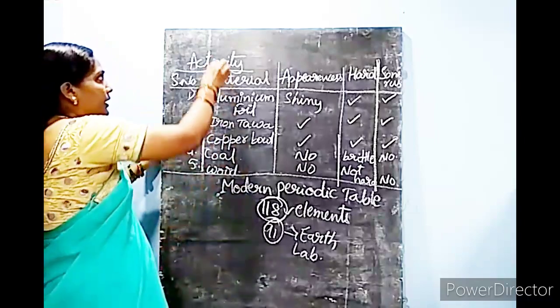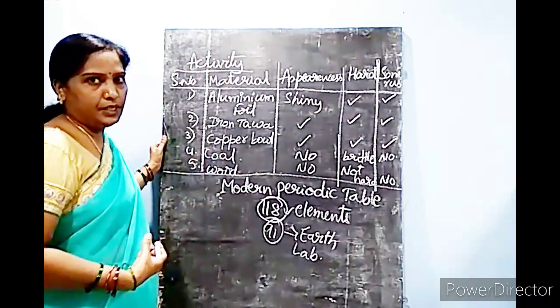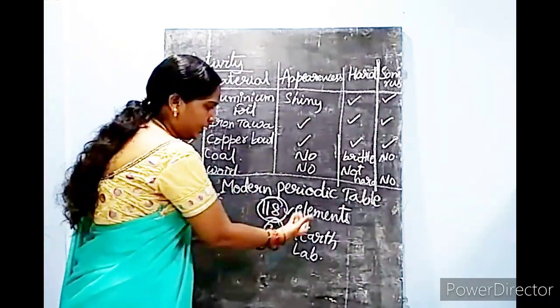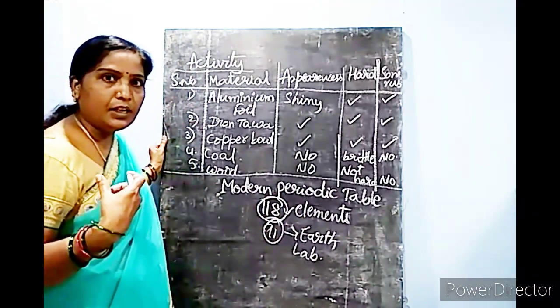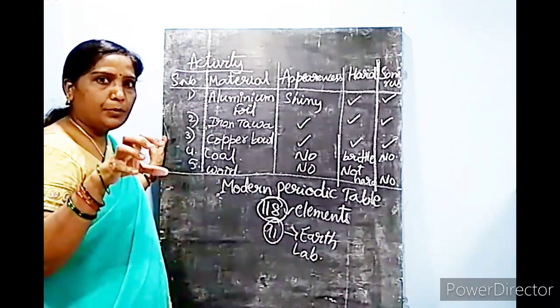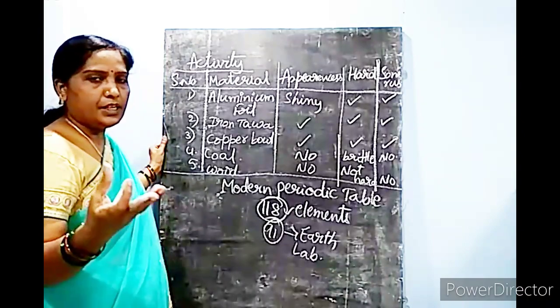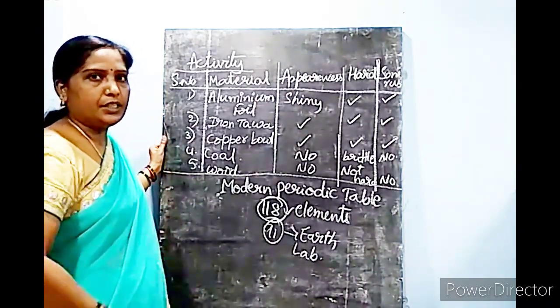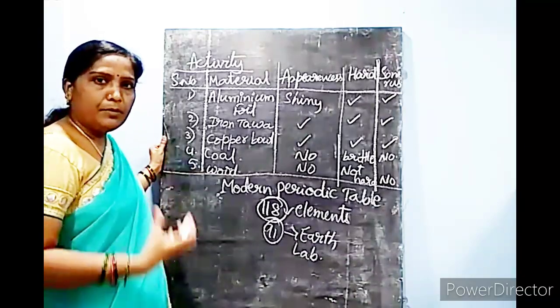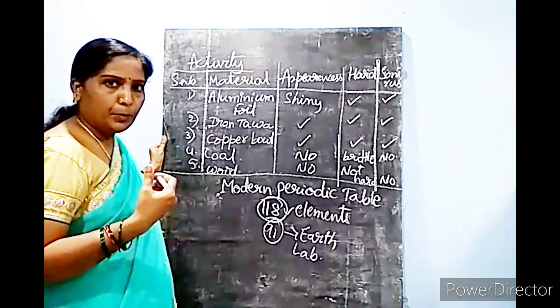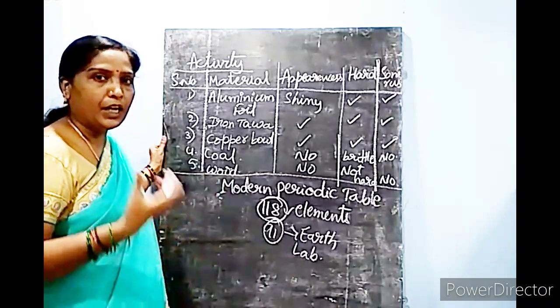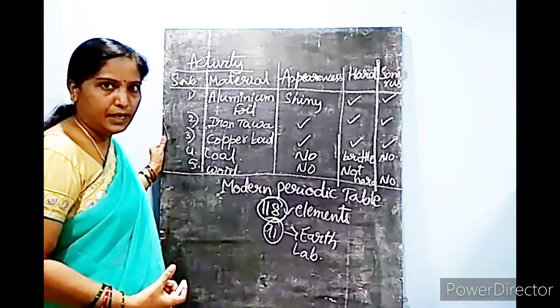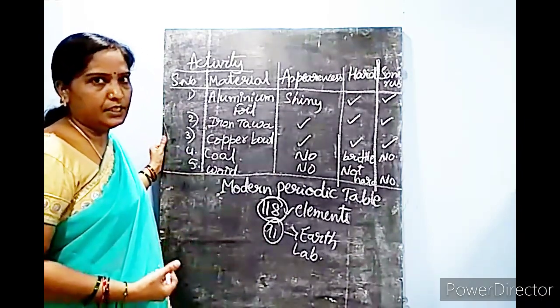Our topic today is about these elements present in the periodic table. I will show the periodic table picture in your video, and you can go through it and try to understand what elements are present and what properties they exhibit. On what basis they are divided, we'll discuss in this lesson.